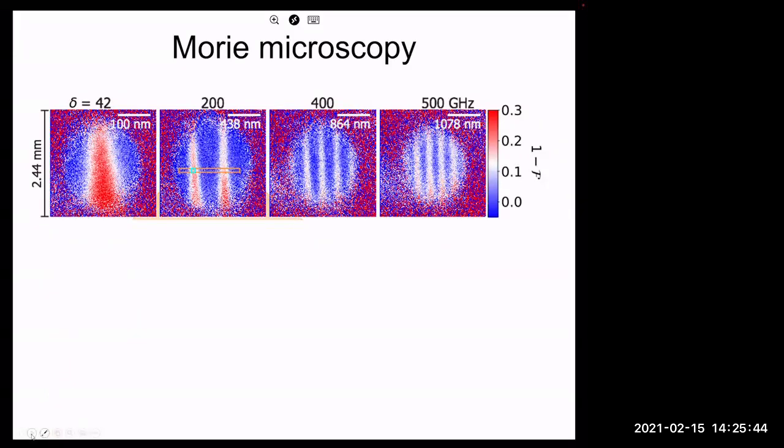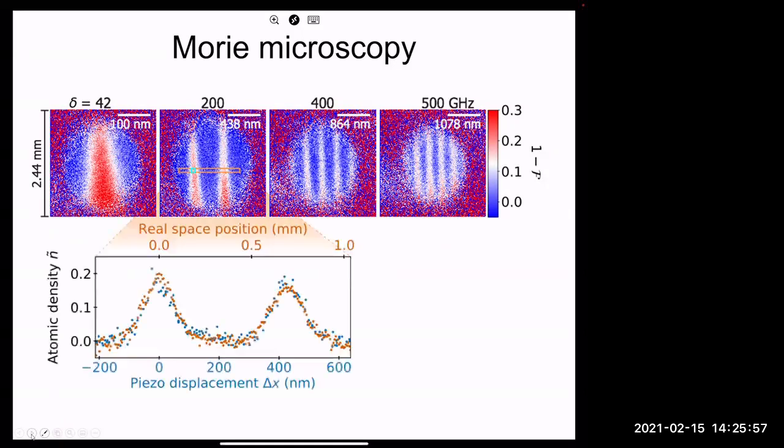So to verify that this moiré microscopy does have the capability to amplify this atomic wave function by a factor of 1,000 to million, we can compare it to the piezo scheme I talked about first. We can also use a piezo to do a very fine scan in real space by nanometer.